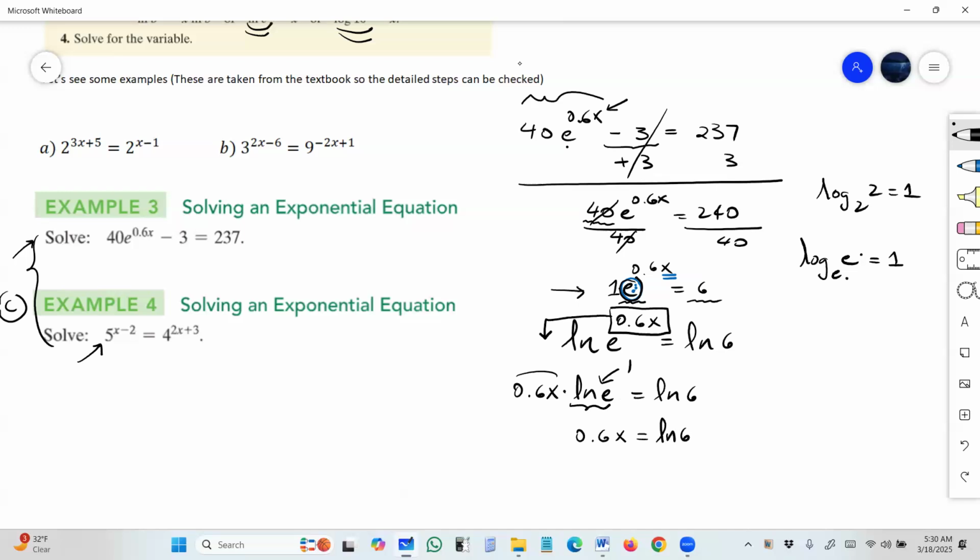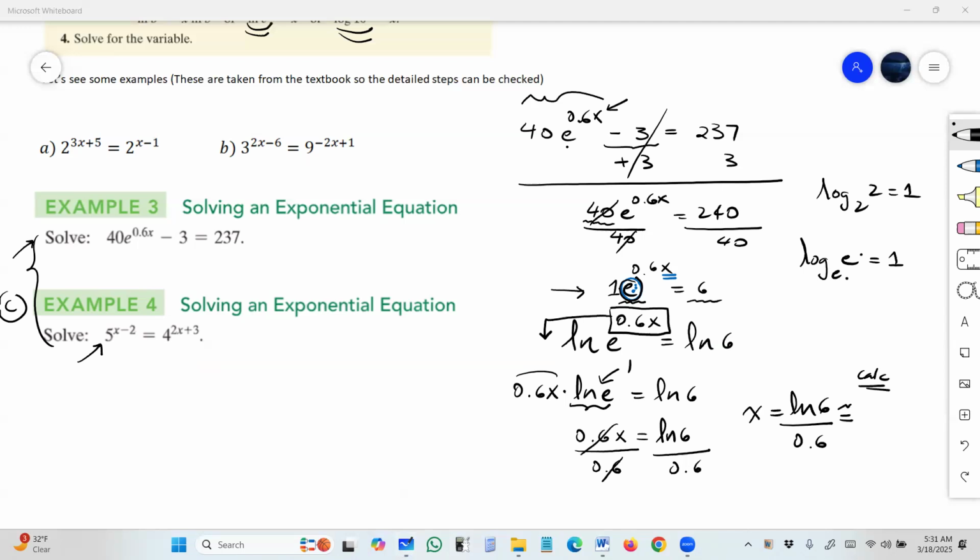ln 6. And now we just divide both sides by 0.6. And my answer is ln 6 divided by 0.6. If you want, you can evaluate this using the calculator. I'll do it here for your benefit, but it's not necessary.